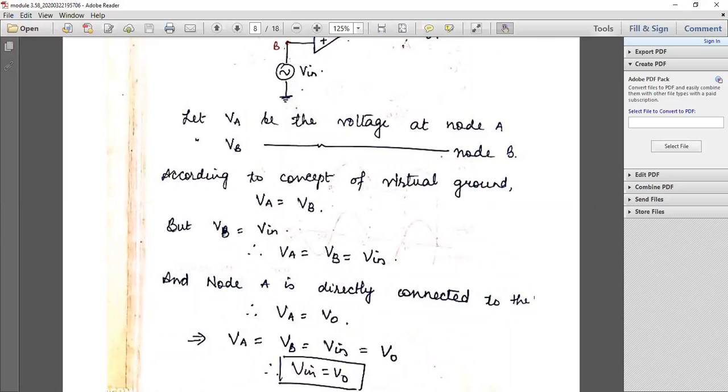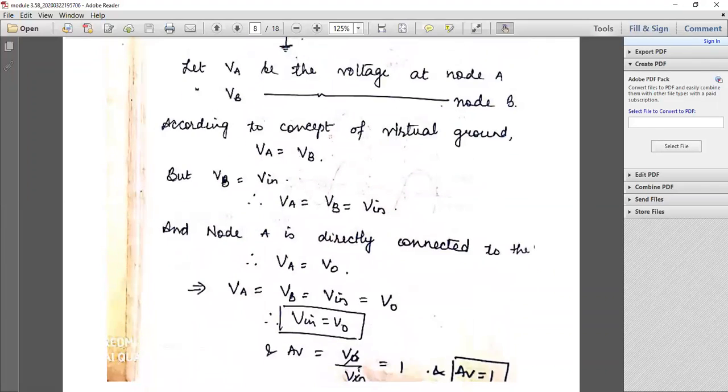And also from the node side, I can see that the output is directly connected to the A node. So whatever voltage appears at the output node, V naught, will be equated to VA.